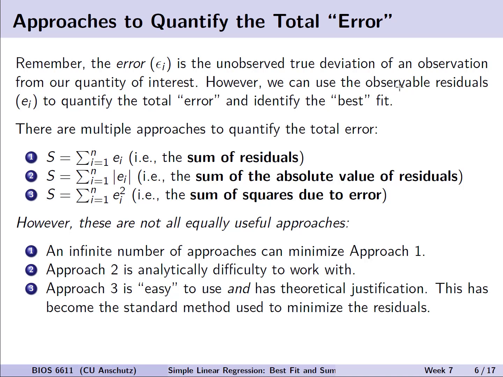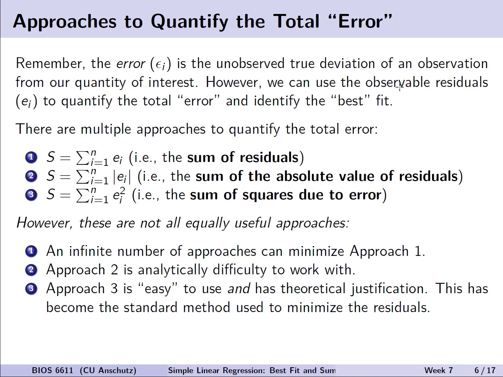Because the residuals can be positive or negative, we might want to, in option 2, take the sum of the absolute value of the residuals. So now we only have an increasing amount of information, nothing canceling out, so to speak. Or the third option might be what we call the sum of squares due to error as an approach, where we take those residuals and square them.